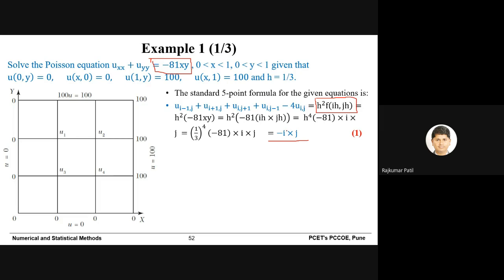Now i corresponds to the x coordinate and j corresponds to the y coordinate in the figure.